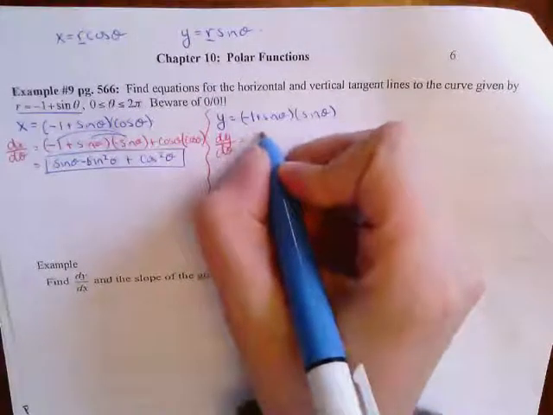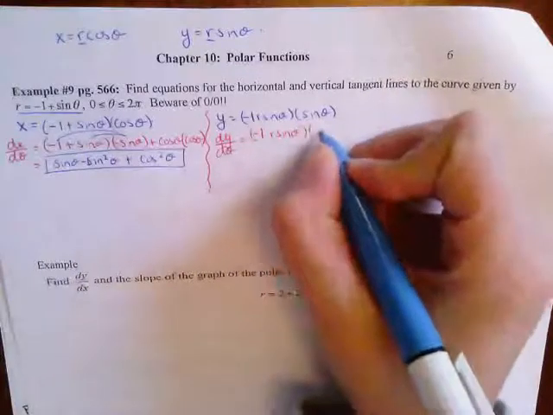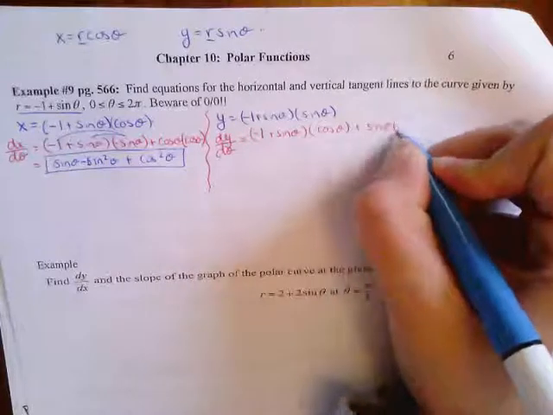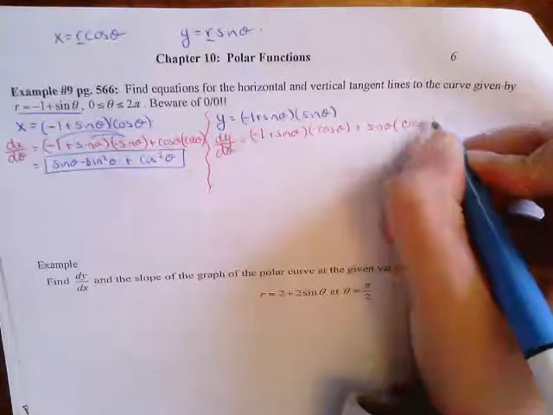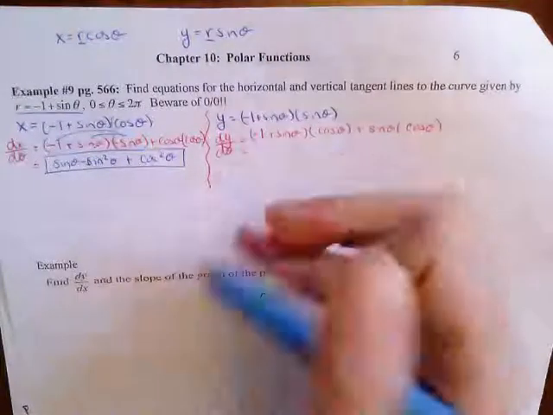So the first guy times the derivative of the second guy plus the second guy times the derivative of the first guy. And we clean this up.